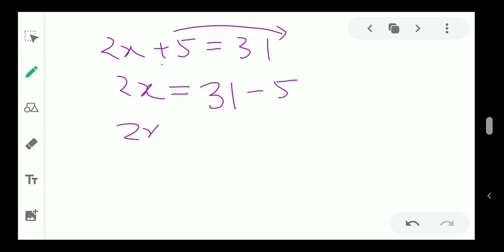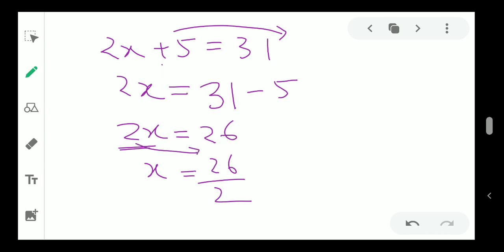So 2x is my 26, x will be 26 by 2, because 2 was multiplied with x, but when 2 will go in that side it will become division. So x will be 13. So I have started with 13 balls. So it's that simple.